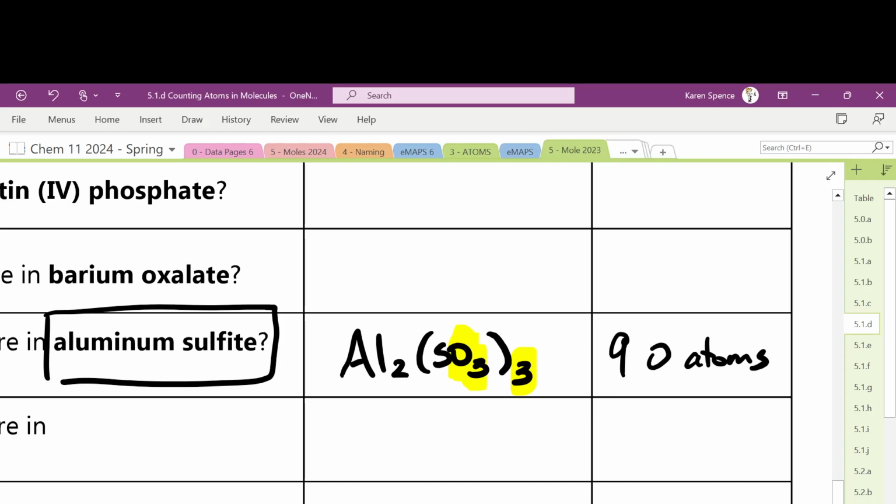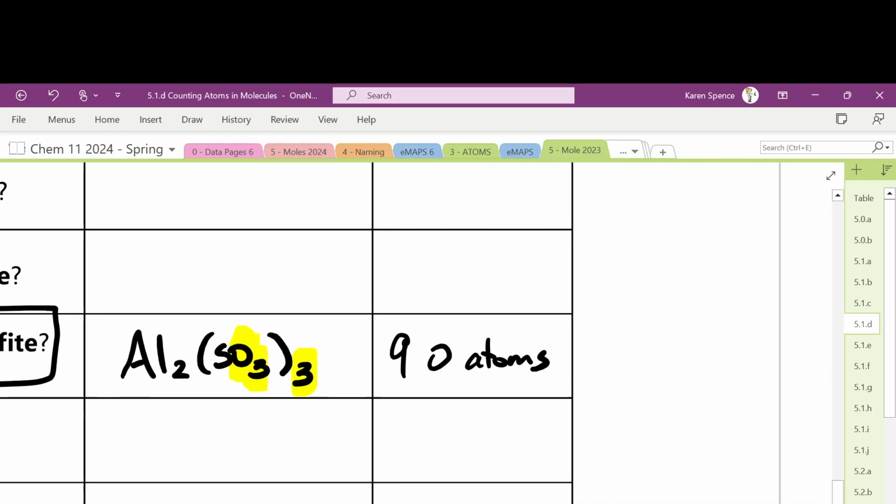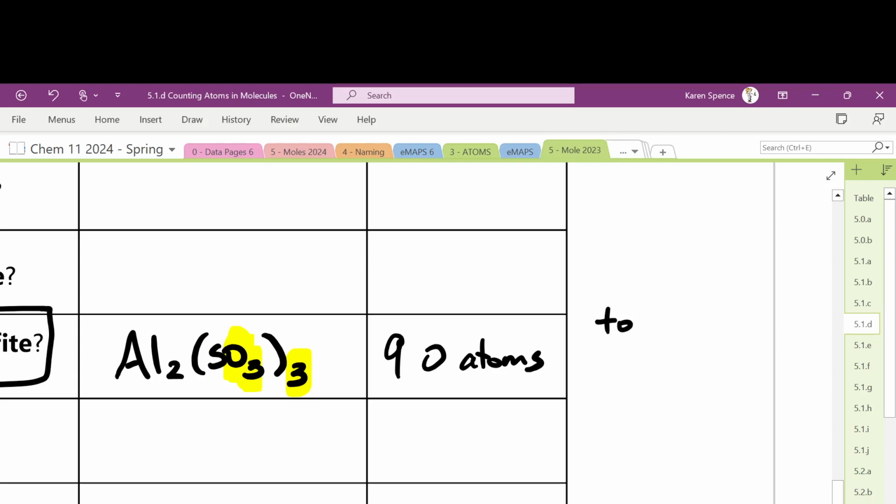What if I asked you how many total atoms are there in this same compound? Tell your partner, how many total atoms are there in Al2(SO3)3?